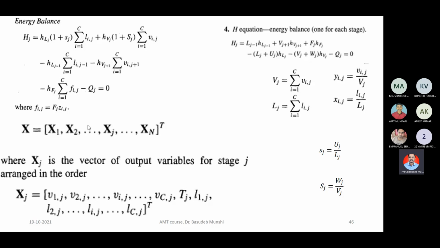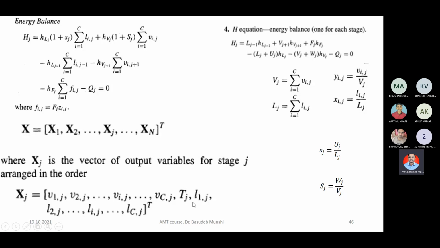So all together we can write all the variables in this, the total number of variables inside the system: [x1, x2, ..., xn] transpose. Now for any particular stage, how many variables are there? You can see C vapor component flow rates, then temperature, one variable, and the lij, those are C in number.